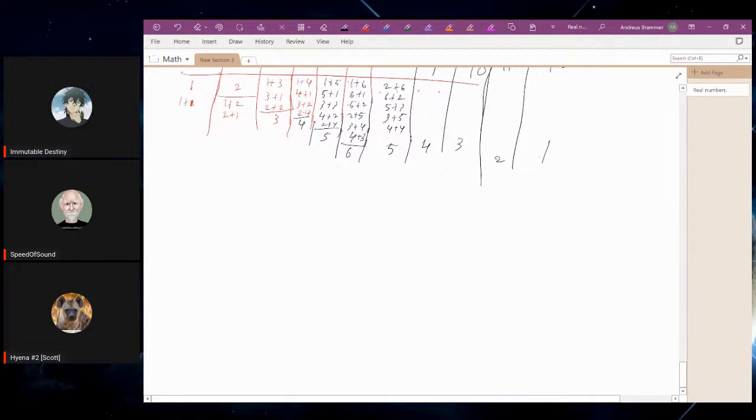So if we were to think about this in terms of distribution, so we think about the value. So let's think about this as the sum of 2 dice.